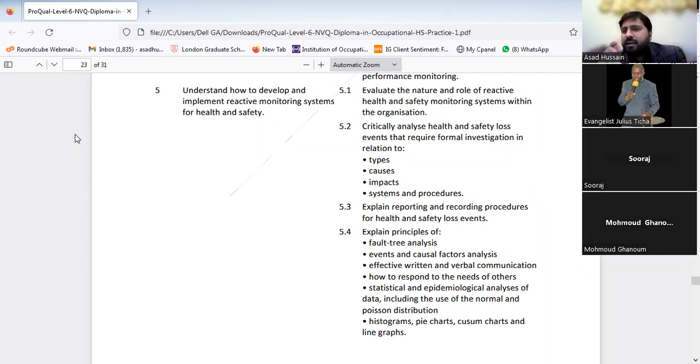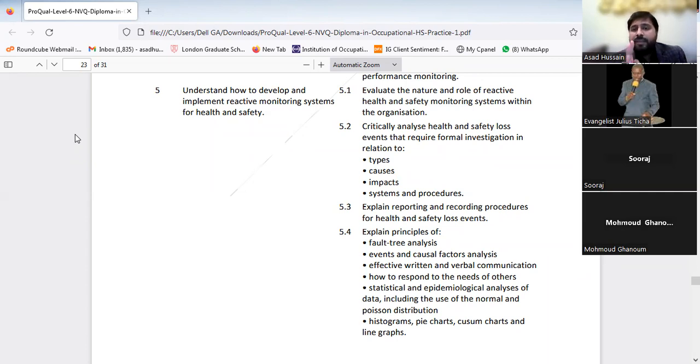So it is asking about this one, that every organization has accidents and incidents. It is asking how you are deciding, considering the type, causes, impact, system, and procedure, what technical procedure there is for selecting the different levels of investigation in your organization, and why is this the case?